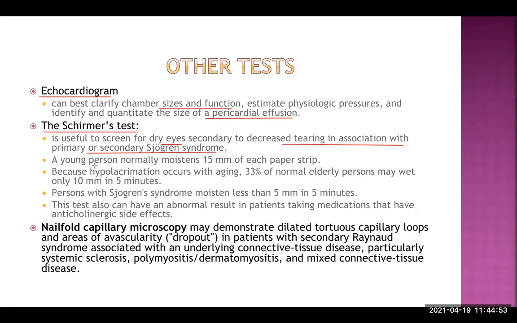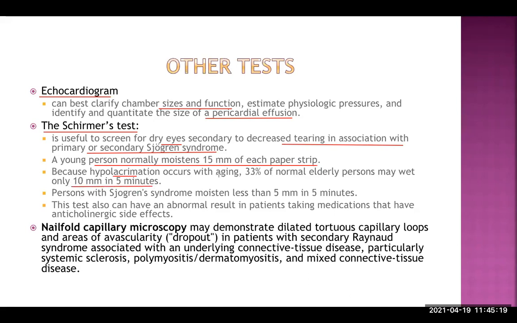A young person normally moistens 15 mm of the paper strip. This is normal. 15 mm of the paper strip is moistened. Because of Sjogren syndrome or because of hypolacrimation, 33% of normal elderly persons may wet only 10 mm in 5 minutes.